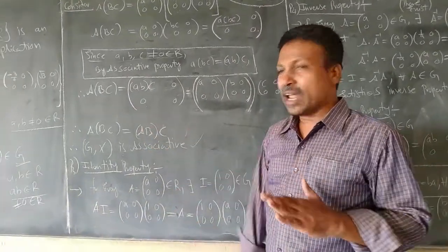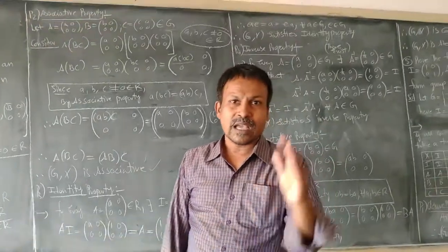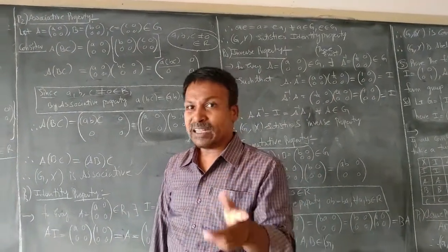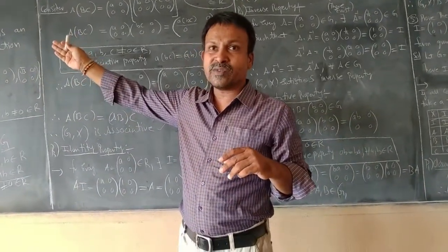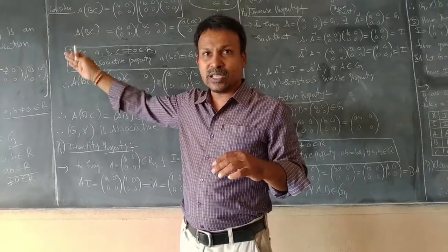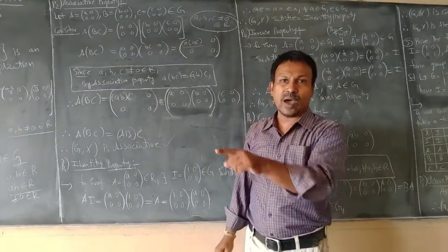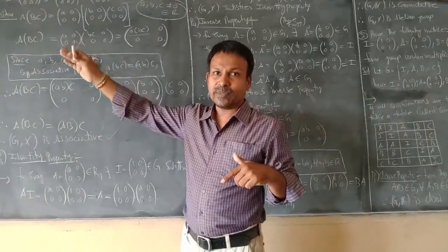Let us go for the identity property. We know that [1 0; 0 1] is the 2 by 2 identity matrix, of order 2. But here in this capital G, which has matrices in the form of [a 0; 0 0], we should not blindly conclude that [1 0; 0 1] is the identity element in this set of matrices G. Why?